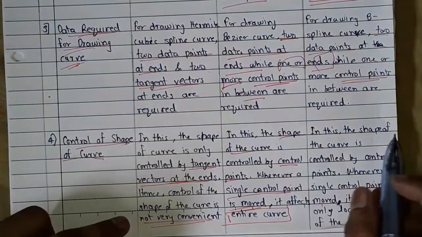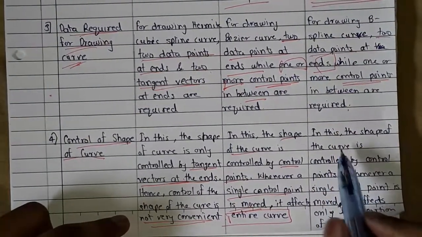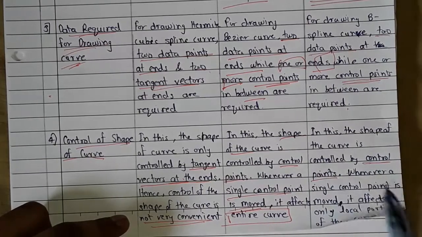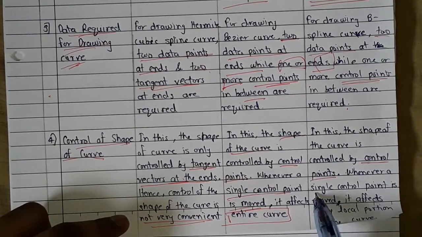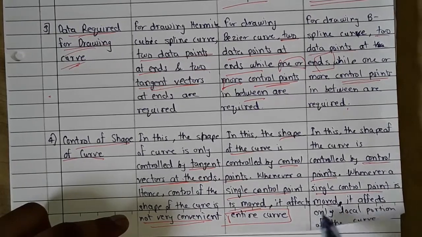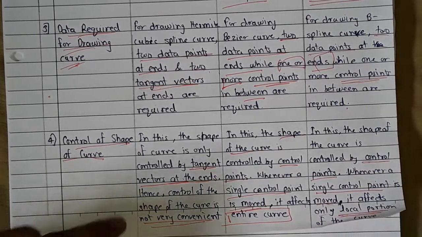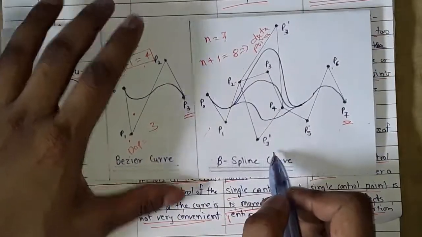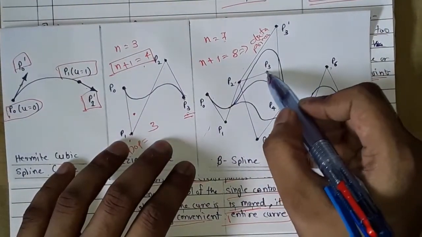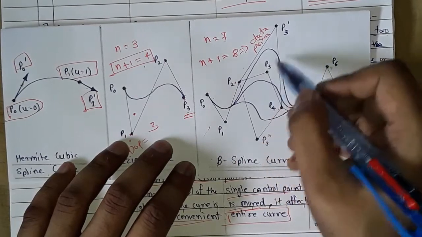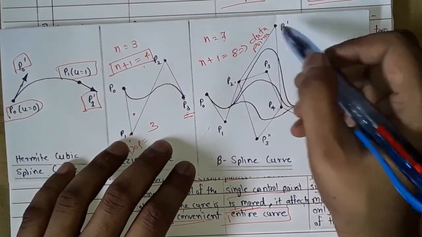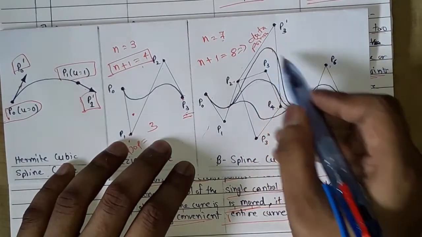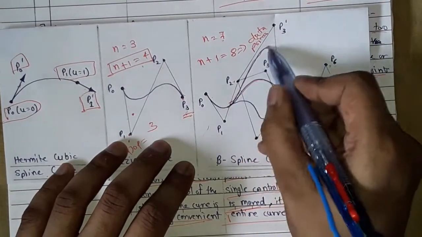In B-spline curve we can control the shape of the curve by control points, and if we move a single control point, it affects only a local portion of the curve. This is a B-spline curve, and suppose this is our point P. If we move the point P here, then this local curve will shift here.